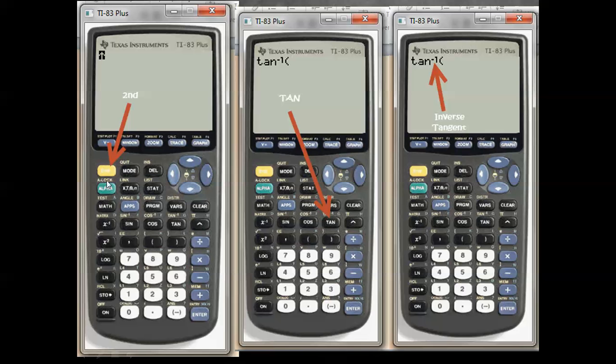So what you have to do is push the second button and then push the tangent, and then if you look up here, it says tangent to the -1, which is the inverse tangent. If you're going to use this one, the -1, you have to put a ratio in. So that's the difference. If you hit tangent, you have to put an angle in. If you hit tangent to the -1, you have to put in a ratio.